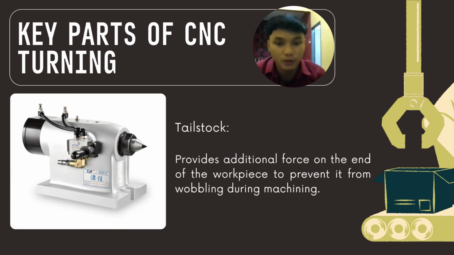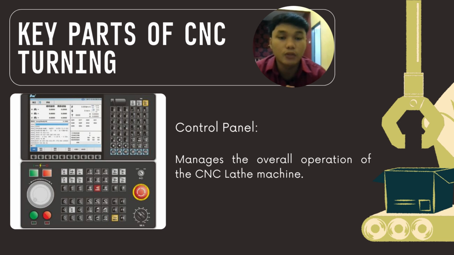Next, tailstock. The tailstock provides additional support on the end of the workpiece to prevent it from wobbling during machining. Next, control panel. The control panel manages the overall operation of the CNC lathe machine.